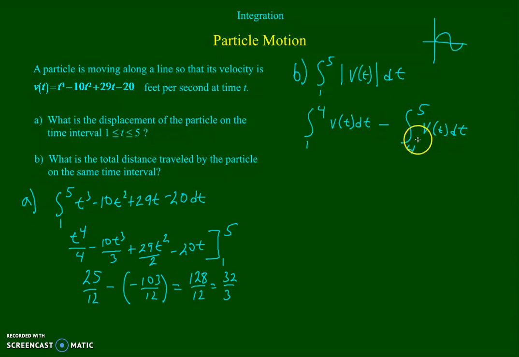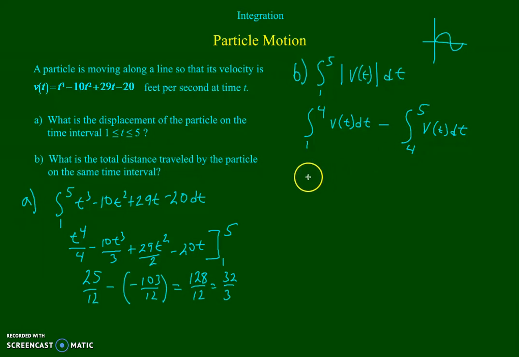Now, the other way you could do it is we could have said equivalently that we could have added the integral from 5 to 4, because when we change the limits of integration, it changes the sign of our result. But either way you do it, it works out the same, so it's a matter of preference. So this is what we're going to do.